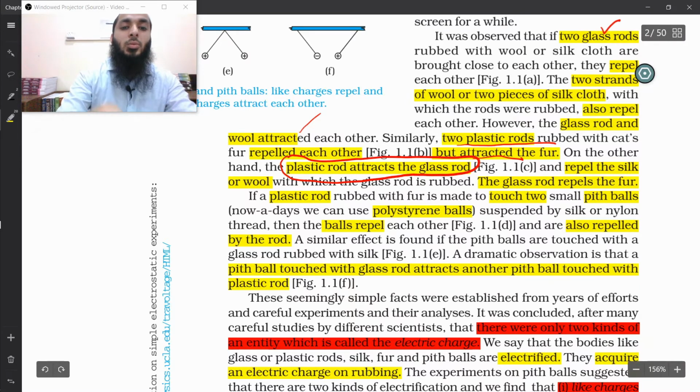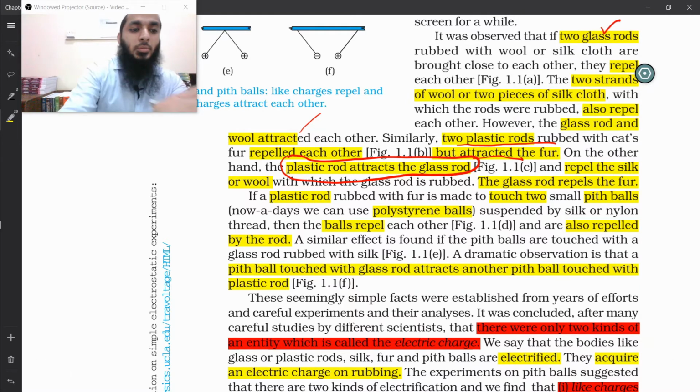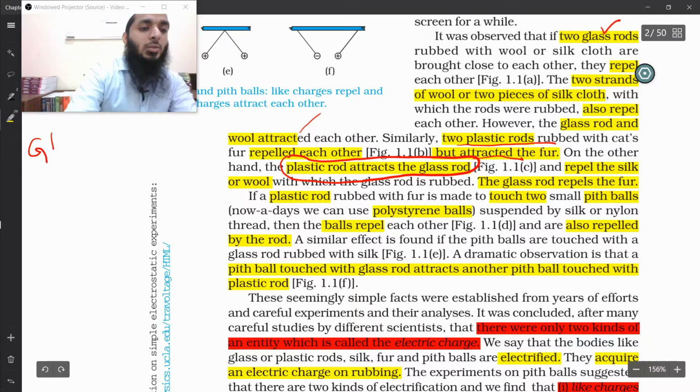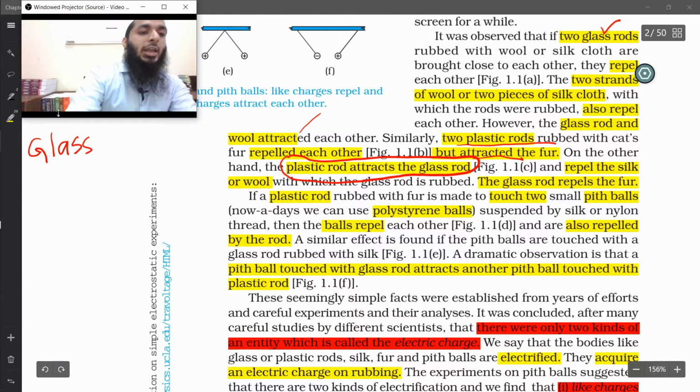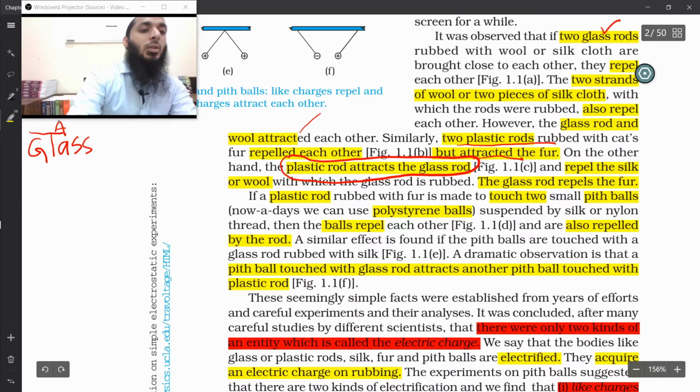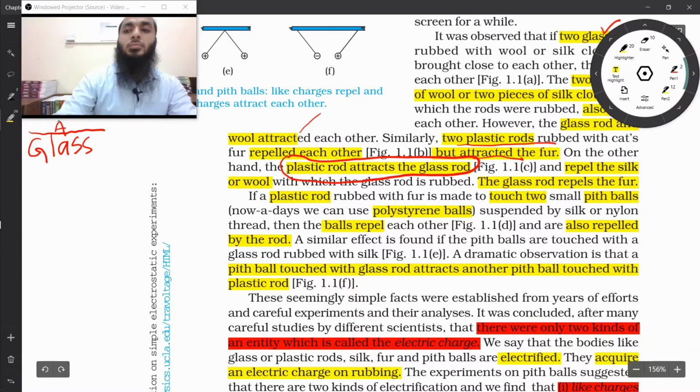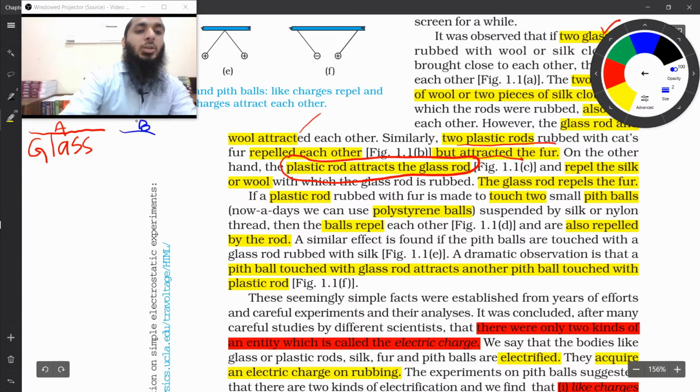So now we'll make a team. This is glass from the first experiment. Glass attained A charge, so this is team A, and here you have team B. Team B is silk and wool.